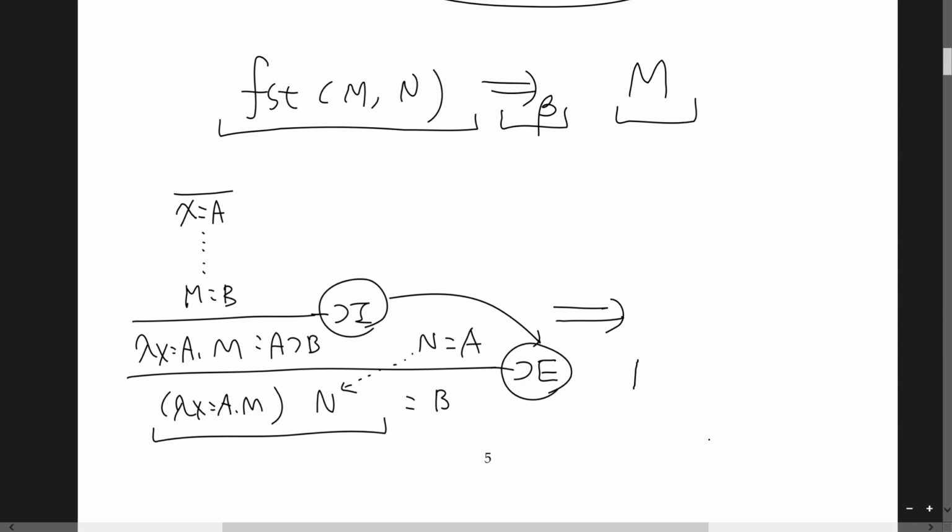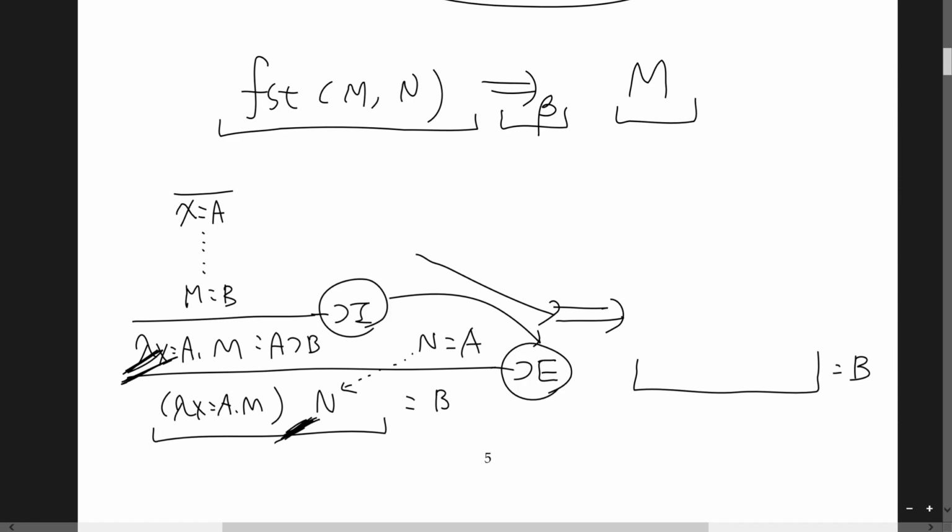So we are supposed to find a proof term of type B without taking this detour, without introducing lambda, and without using this lambda abstraction, lambda application. Without using lambda abstraction here, and without using lambda application here.